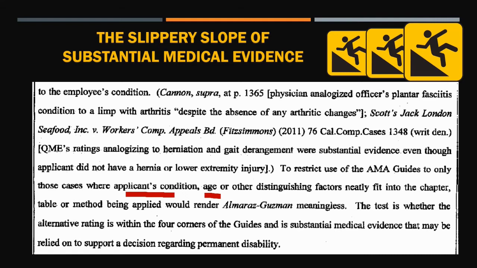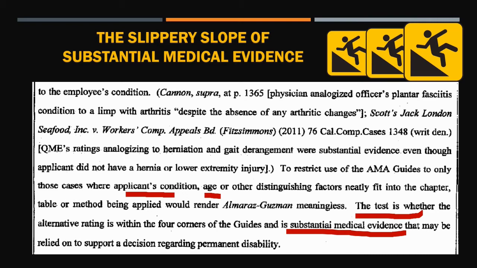The test, and here's the take-home message, doctors, is whether the alternative rating is within the four corners of the guides, comma, and is substantial medical evidence that may be relied upon to support a decision regarding permanent disability.